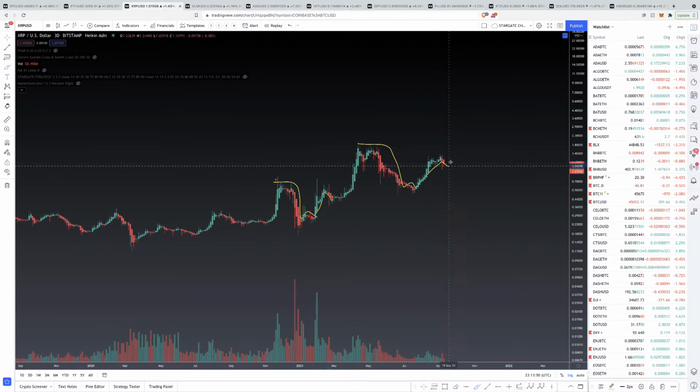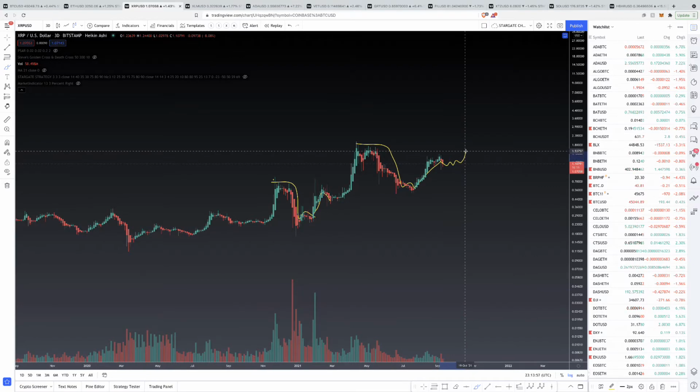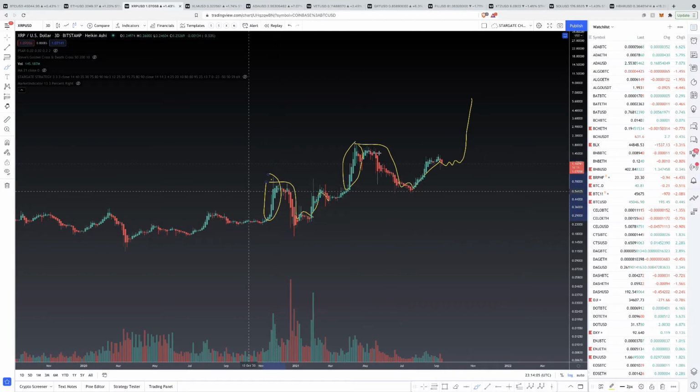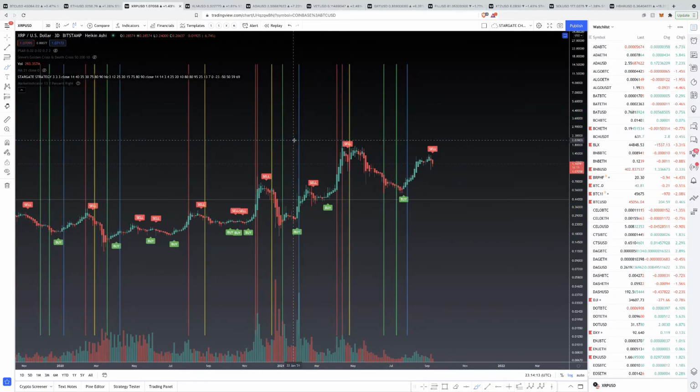So what I see with XRP is we're going to be range bound for a little bit, but as soon as we can get above that $1.40 level and break above like $1.50 with some strength, we're going to rip up, kind of like what we did back here, every single time we're at the tail end of this structure. So let me delete those, and I'm going to show you where we're at with the indicator, because we can match up the indicators together.